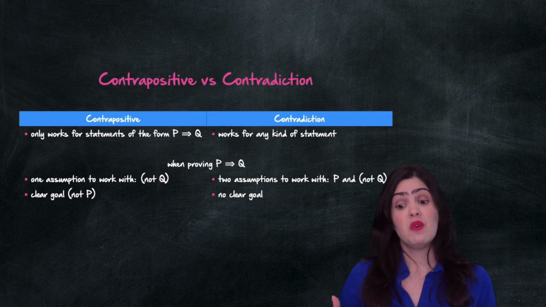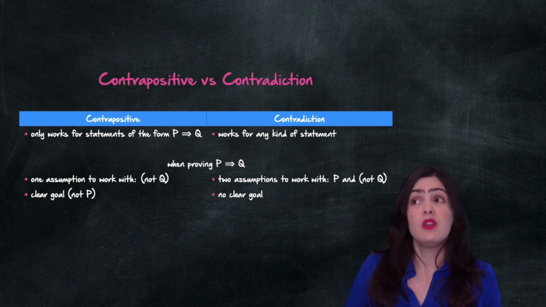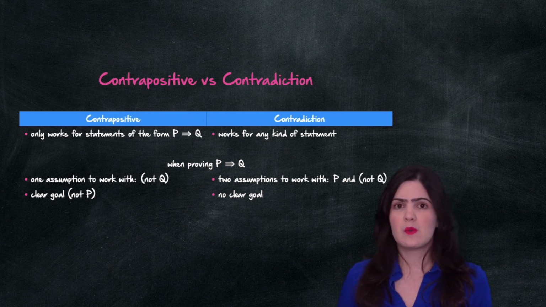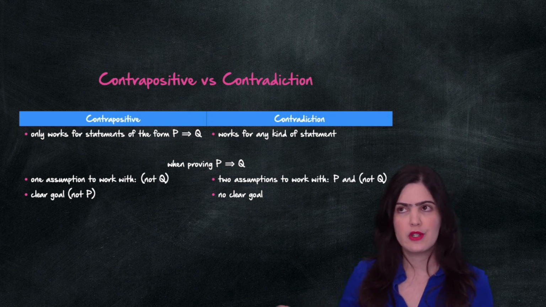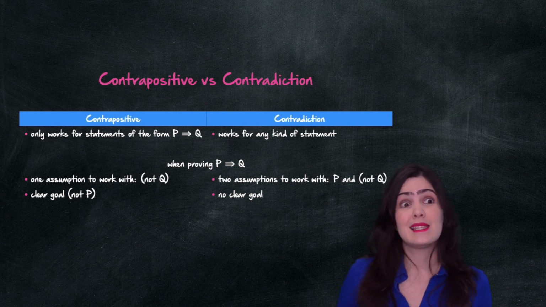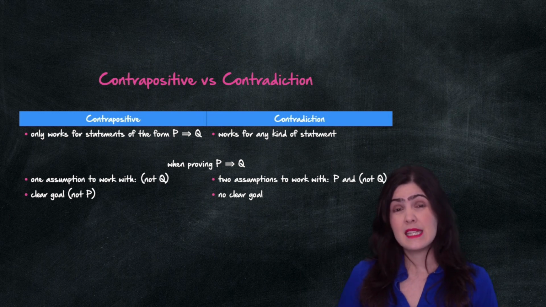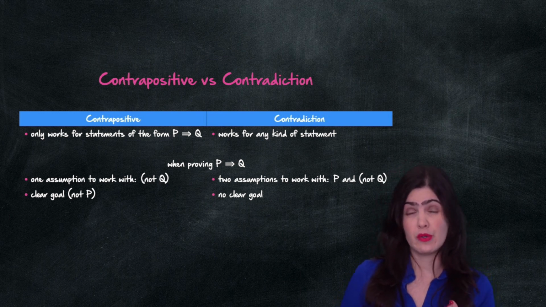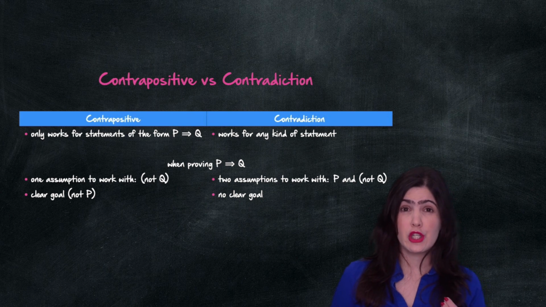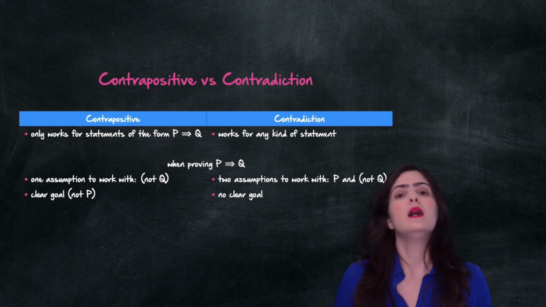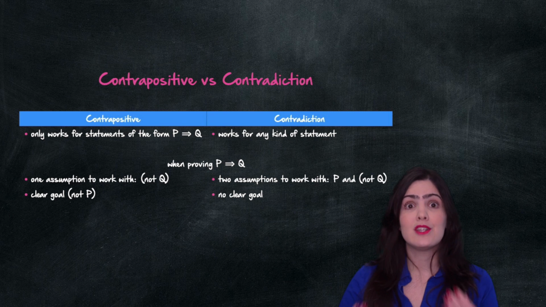Whilst in a proof by contradiction, we are not sure of where we have to get to. We have to get to a contradiction, but we don't know beforehand what the contradiction is going to be. And sometimes we might even miss the contradiction and continue working without realizing that we arrived at a contradiction a while ago. Another problem is that if you make a mistake in your proof, you could arrive at a contradiction, not because the statement was true and your assumption was incorrect, but because your mistake led you to a contradiction.